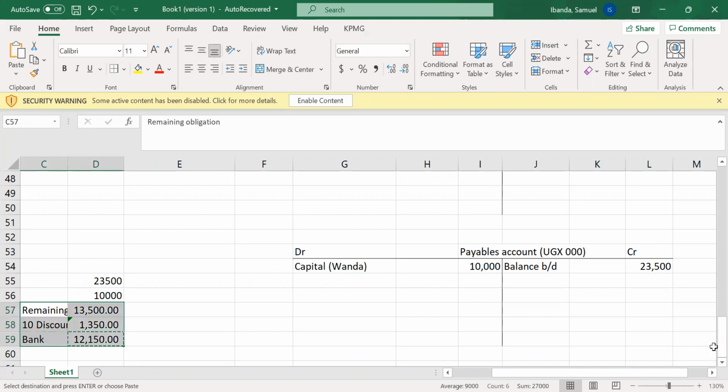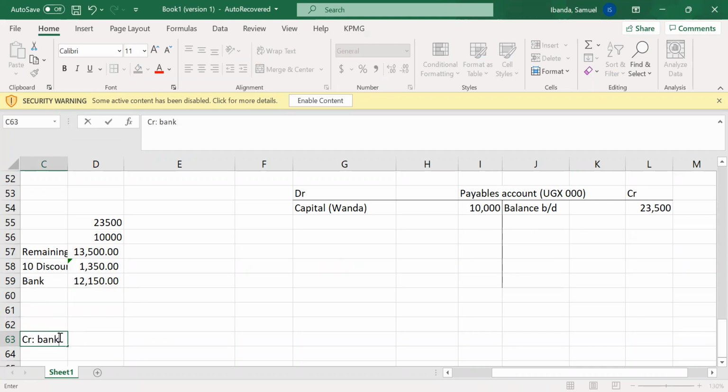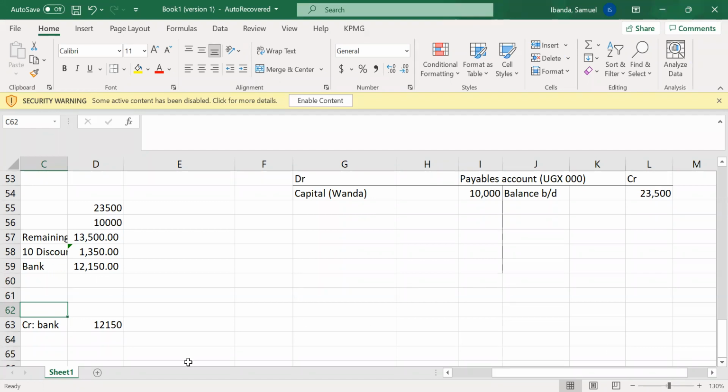Now the double entry for such a transaction, remember, we're crediting our bank because bank is losing 12,150. You also have your accounts payable. Now your accounts payable are going to get a net effect. Whenever you are paying off accounts payable with a discount involved, there's an income because this is discount received.